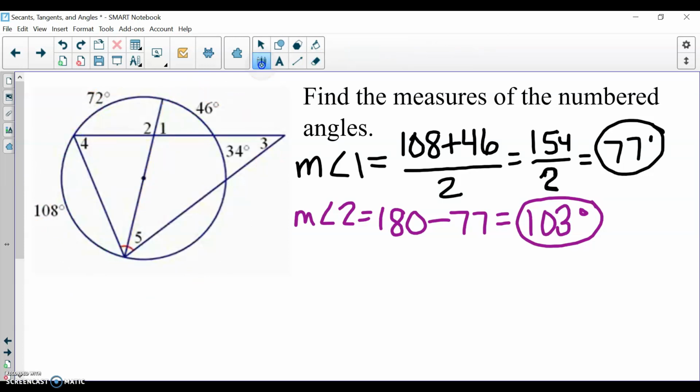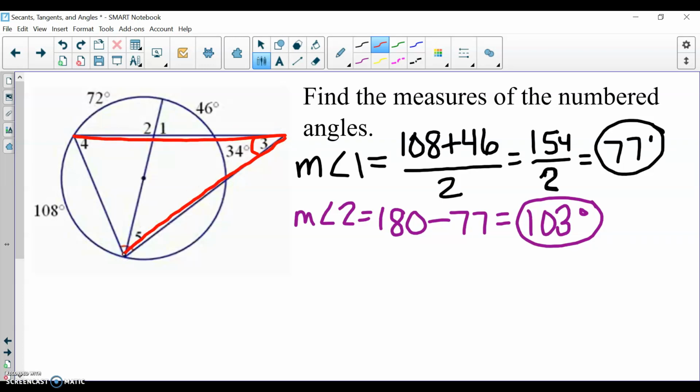Right, angle 3. So notice angle 3 is an angle outside of the circle. It is created from 2 secant lines. So we would go back to that last page where we went over the secant angle relationship. Angle 3 has 2 intercepted arcs.